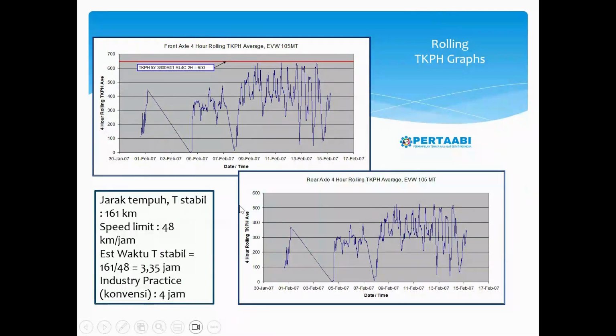This is an example of how we measure the TKPH. We have to wait until 161 kilometers, and the speed limit is 48 or 50 kilometers per hour. But we can find out the time to reach stable is 3.35 hours. And industry practice takes 4 hours, because industry practice doesn't like commas, right? Always an easy number.